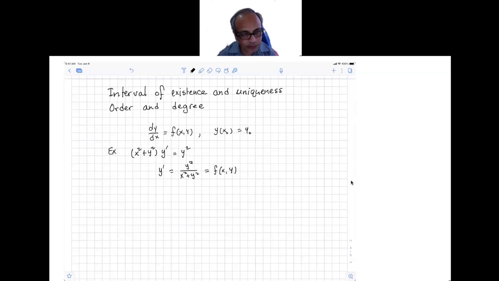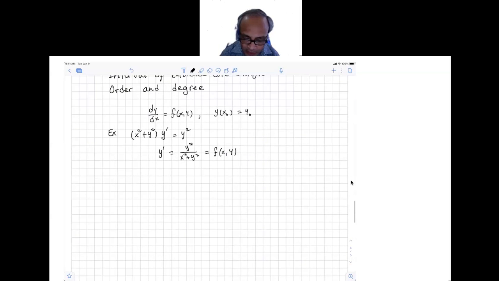The partial derivative of the right hand side with respect to the dependent variable is what you need to find your uniqueness and existence interval. So f is y square over (x square plus y square).